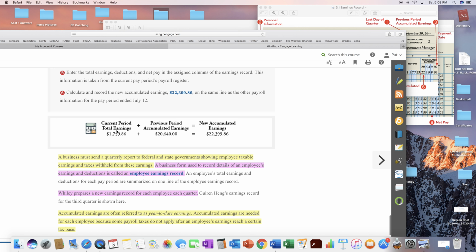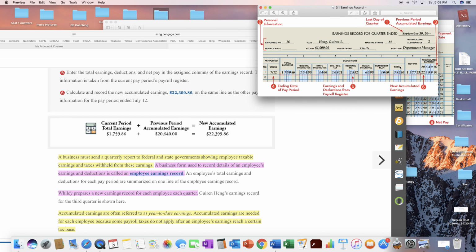They say total current earnings for the pay period, 1,759, plus accumulated equals the new accumulated earnings. So this is a previous number from the last month. We'll do 2 different sets here for each pay period. This is the first pay period that we just did. They got paid $1,759.86. That's what's listed here.